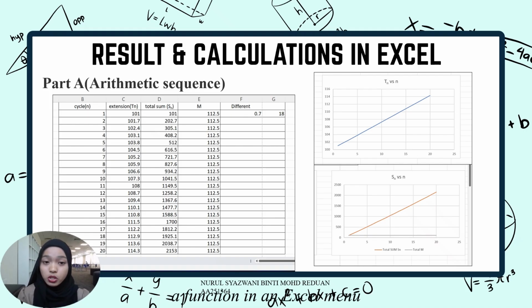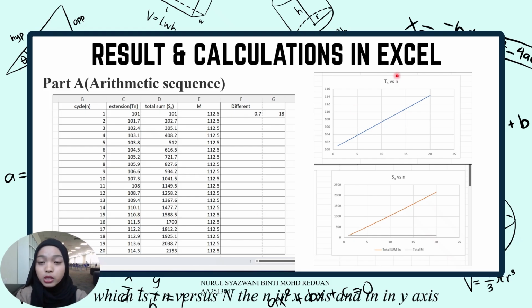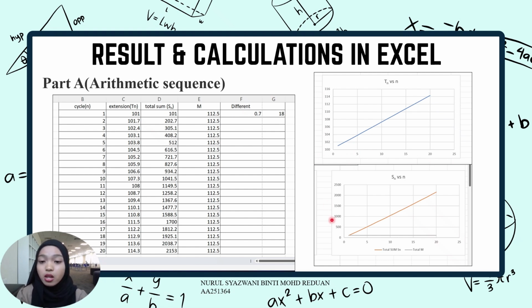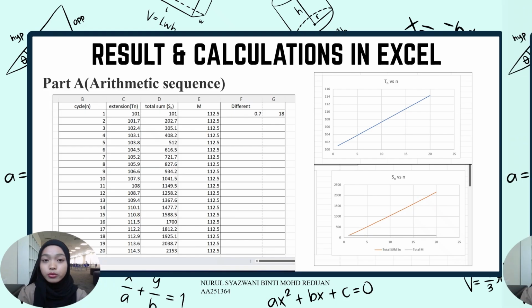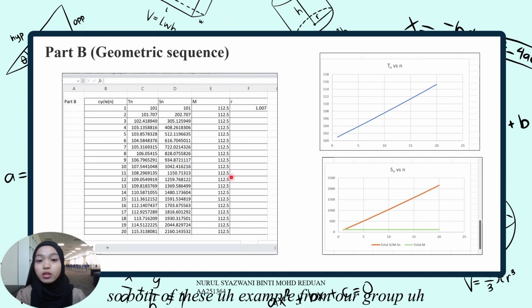With several functions in Excel, I used sum to find the sum and scatter to make a graph. The example graphs from our group are Tn versus n and Sn versus n. Both of these are examples from our group.